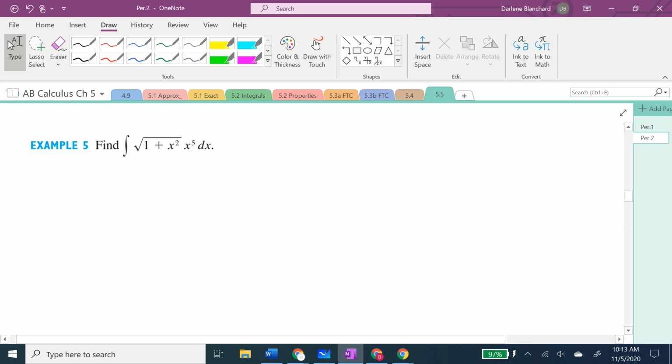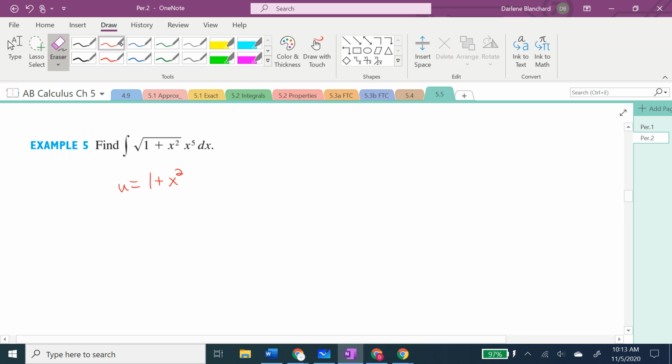As you look at this, do you see what a really good candidate for u is? It's usually something that's nicely just kind of sitting in another function. It's what I used to call the baby functions. I guess they're still babies. So I let u be equal to 1 plus x squared.